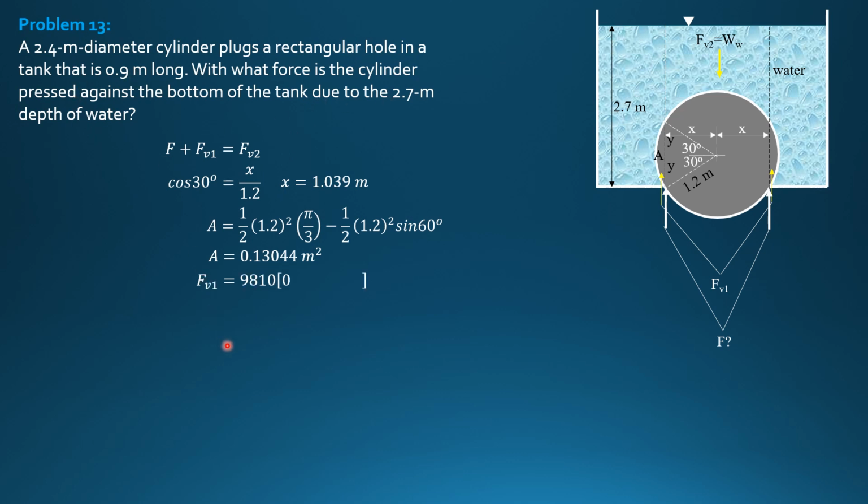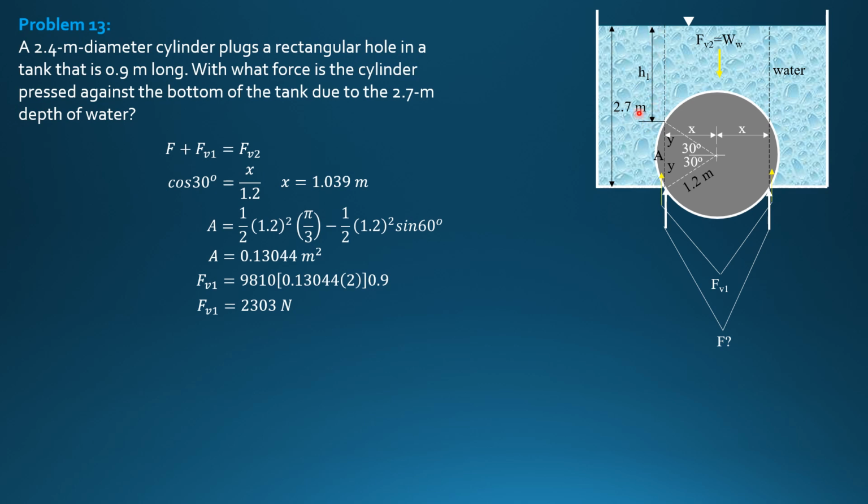So FV1 is specific weight of water in newtons per cubic meter, area 0.13044 times 2 because we have two areas here in computing FV1, then perpendicular to the board 0.9. So that is the volume. So 2303 newtons.